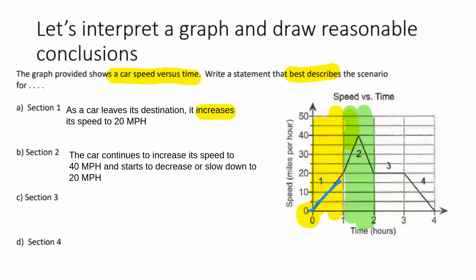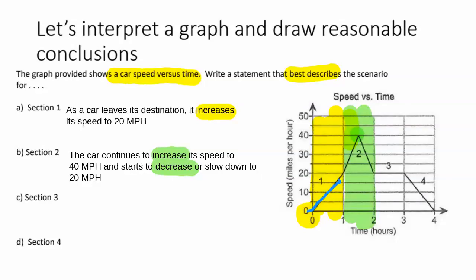Now, it's going to increase to 40 and decrease to 20. Sometimes Pearson likes to say there was a crowd or something here at an hour and a half, so we had to slow down. But the key words here are increase and decrease.